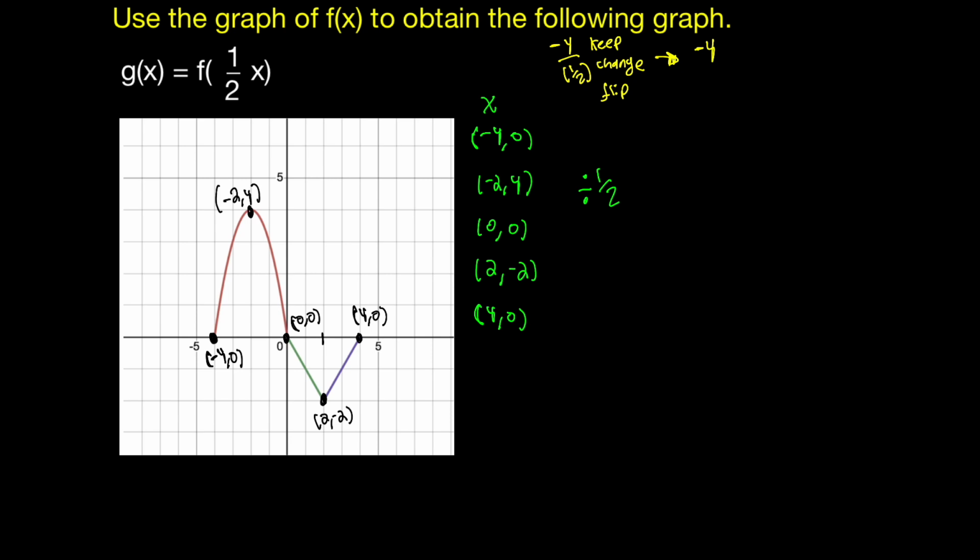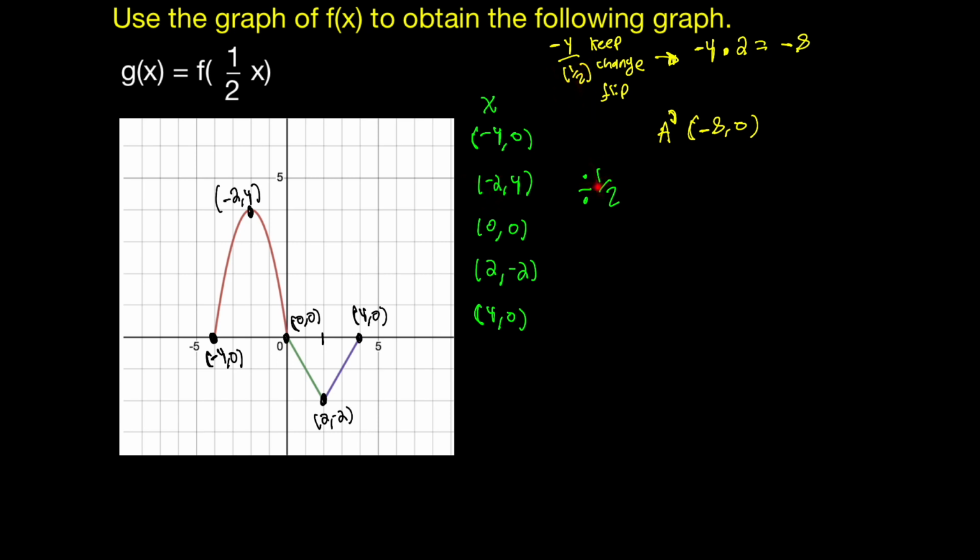I'm going to keep the numerator -4, change division to multiplication, and then flip the denominator. So here 1/2 is the same thing as 2. So -4 times 2, we're going to get -8. So my new point, A prime, is going to be -8, 0.